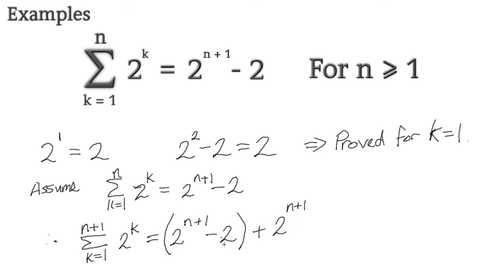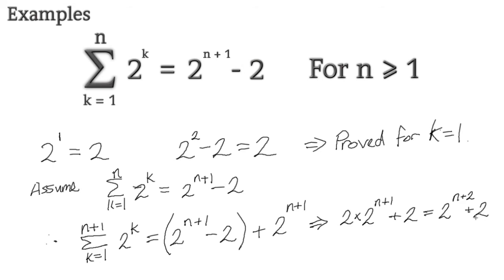With that, we can simplify this expression to 2 lots of 2 to the n plus 1, take 2. And this value 2 times 2 to the n plus 1 is also 2 to the n plus 2.